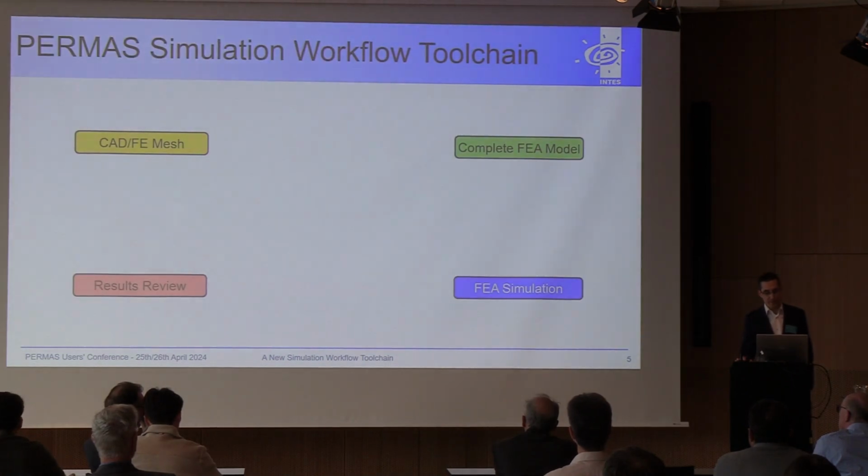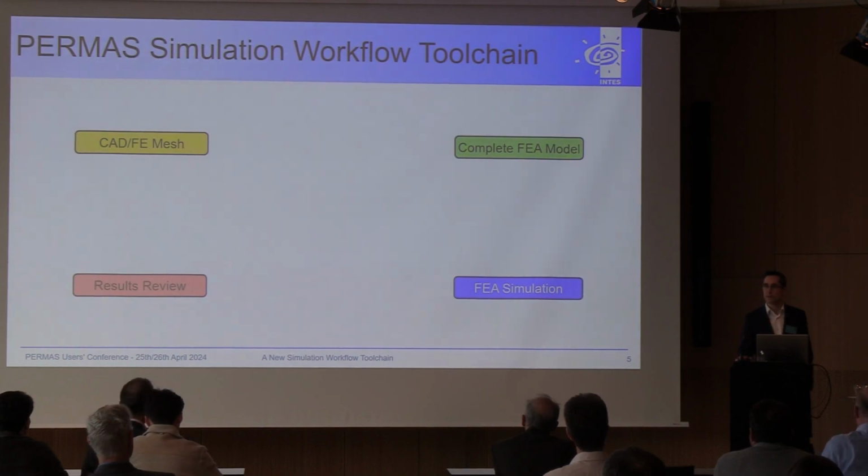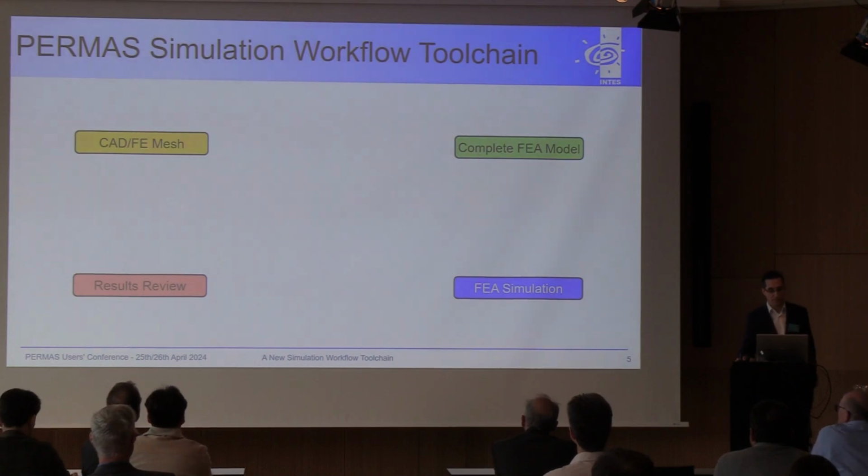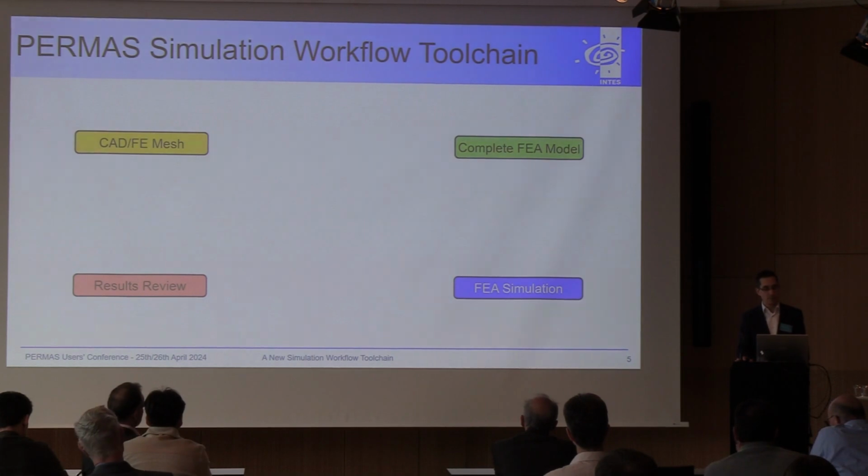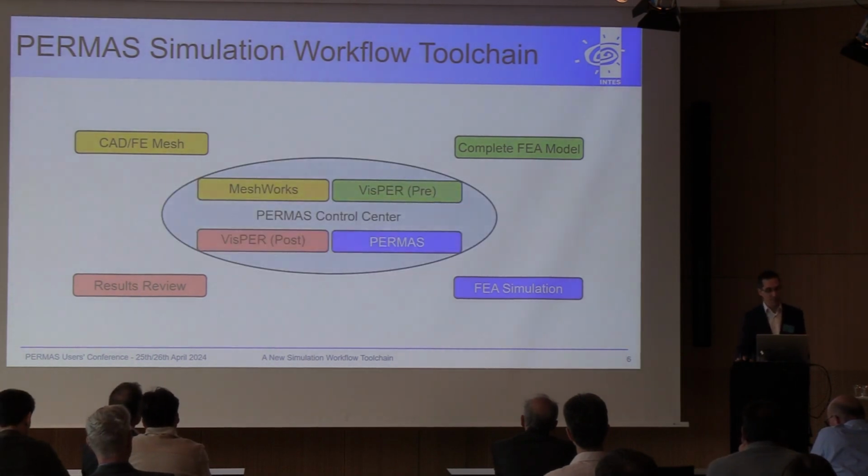For these 4 parts, we want to use specific tools which can integrate very smoothly in your process. And for this workflow toolchain, including PERMAS as the solver, I want to present you the tool for the meshing, which is in cooperation with DEP, called MeshWorks.